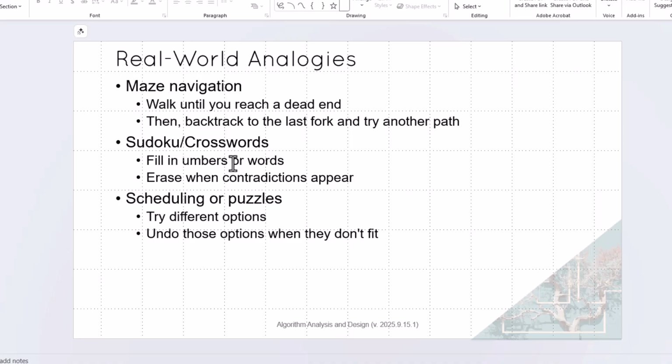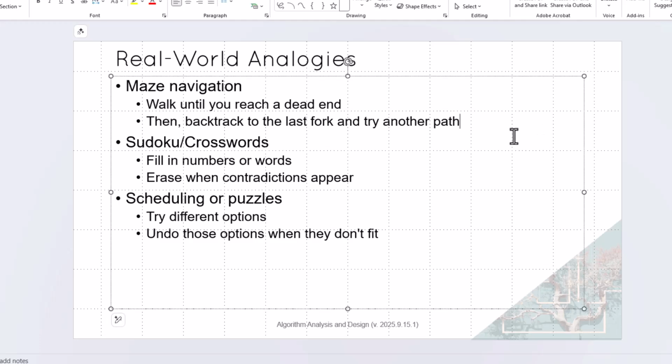So Sudoku or crosswords, for example, fill in numbers or words. Erase when contradictions appear. So you basically are removing characters, possibly, if you're in a crossword or a Sudoku, and you have to work your way back. Scheduling or puzzles, so you can try different options, undo those options when they don't fit.